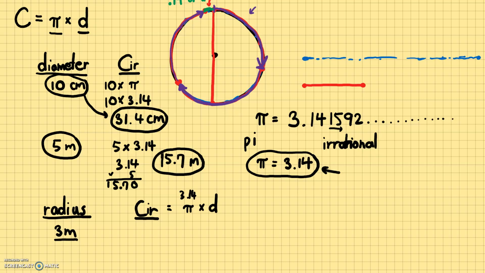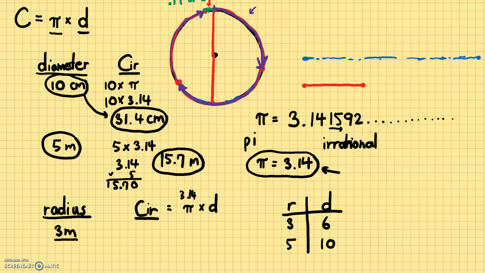Well, to get the diameter, previously I've told you that radius is half of the diameter. Diameter is twice the radius. So radius and diameter are always related by the number 2. So if radius is 3, diameter is 6. Just do times 2. If the diameter is 10, the radius is 5.